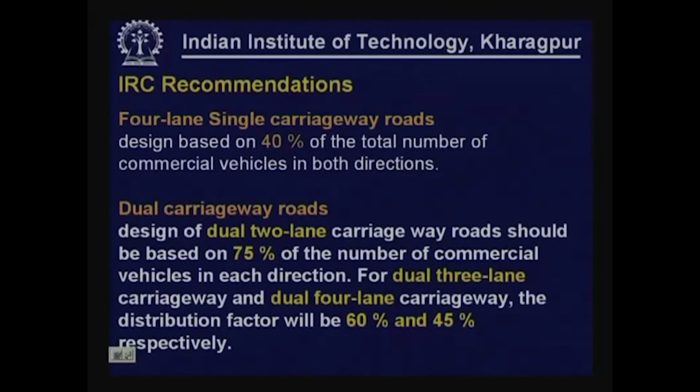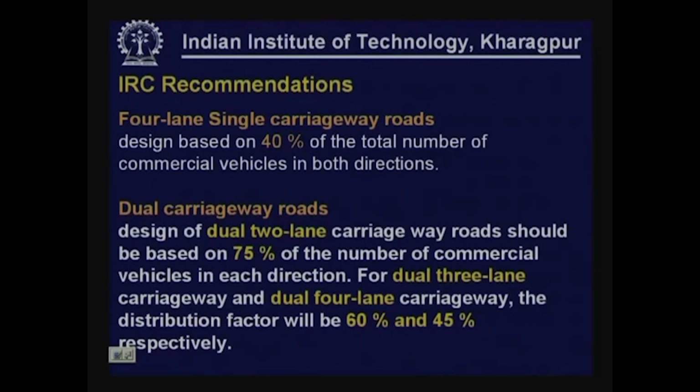We normally assume that 2 lanes will be utilized by vehicles traveling in one direction, the other 2 lanes by vehicles from the other direction, but there is always a possibility of overlap of these vehicles going into the other lanes. So it is 40% of the total two-way volume that we have to consider in the case of a 4-lane single carriageway road.